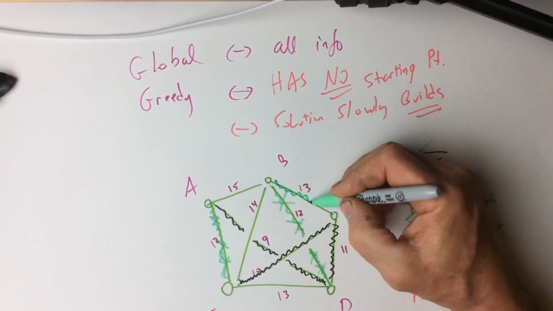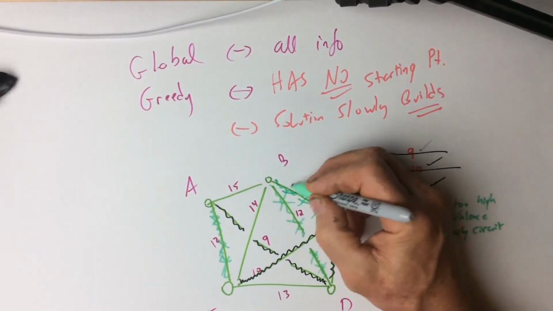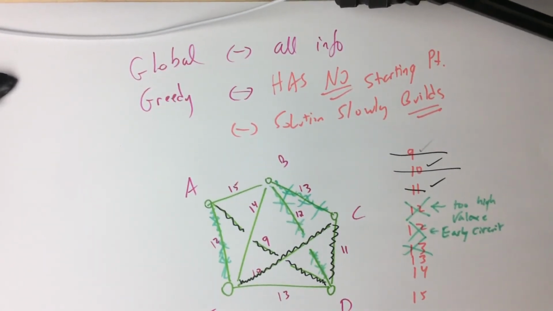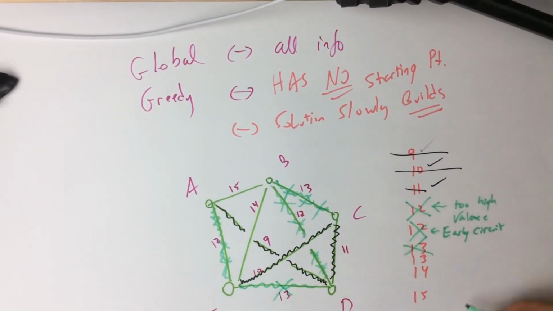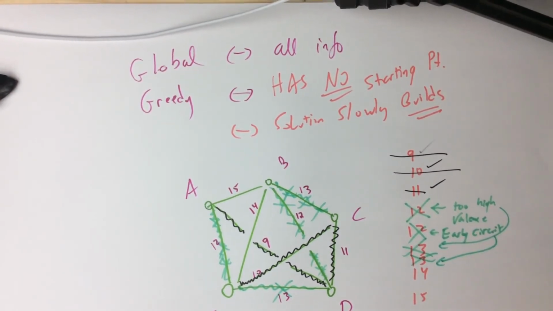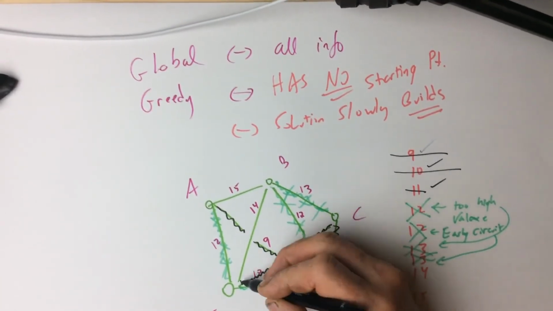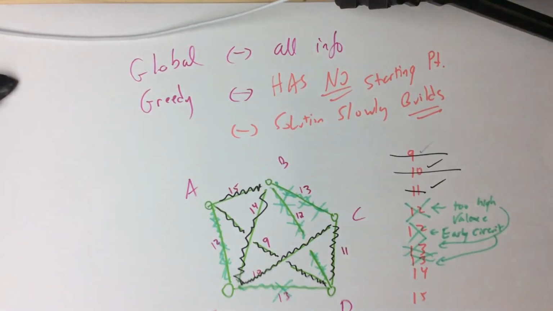Let's try one of the 13s. Well, if we try to do this one, nope, that makes a valence 3. Bad. Can we try this 13? Nope, that makes a valence 3. Bad. Wow. What's happened is the 14 is being forced on us, and the 15 is being forced on us.